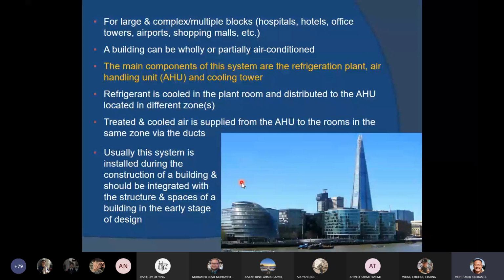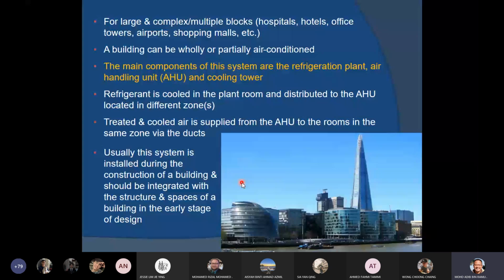It's as simple as equipping the spaces with ductworks. If you want the space to be air conditioned, you just connect the ducting to the space. If not, then you don't have to connect the ductwork to the space, so the space can be ventilated naturally.